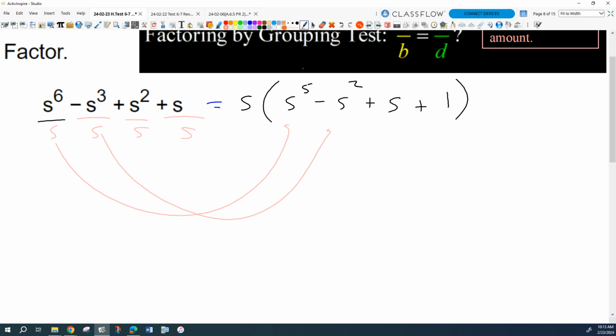At this point, we have no recourse for a 4-term polynomial except for factoring by grouping. If factoring by grouping works, that's it. We cannot break it down any further. And grouping can't work here, can it? Look at the coefficient test. 1 over negative 1 is not 1 over 1, right? And even if you forgot that and started factoring by grouping, you would find that it would break down. You could not get the same leftover factor in group 2 that you could in group 1. It's impossible, right? It just wouldn't work, and so you'd have to erase those steps and go back. That's the answer, okay?